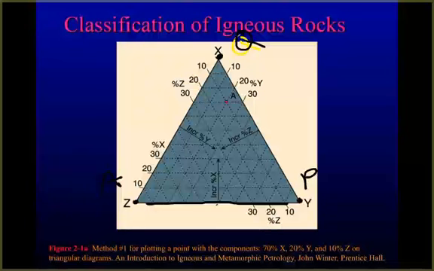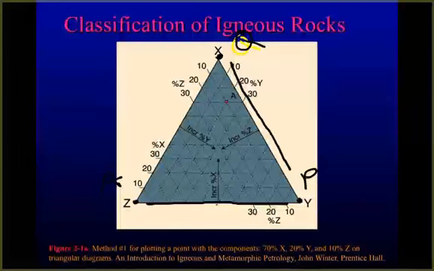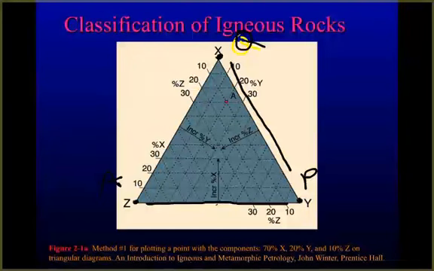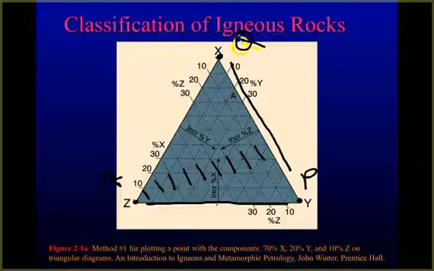Same for the alkali feldspar. 100% on this side, 0 on this side, on that line. And so these dotted lines in here represent 10, 20, 30, 40, 50, 60, 70, 80, 90, 100% alkali feldspar.